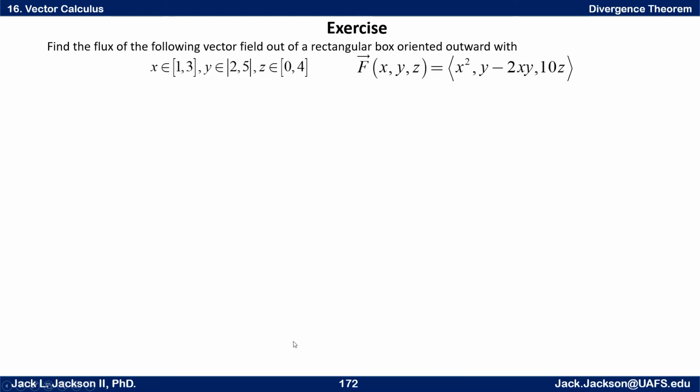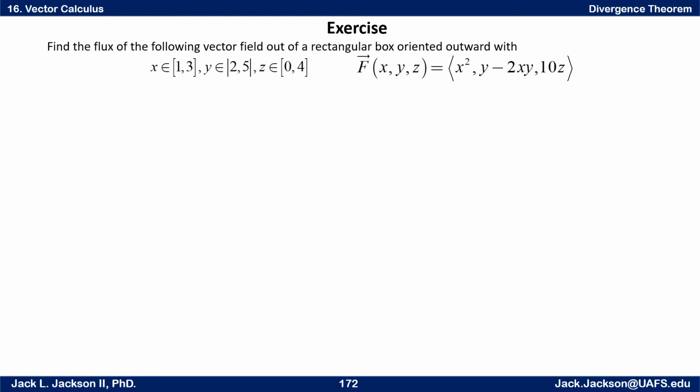How about another example? Find the flux of the following vector field F, which is given by x squared, comma, y minus 2xy, comma, 10z, out of this rectangular box, where x goes from 1 to 3, y goes from 2 to 5, and z goes from 0 to 4, just a good old right rectangular prism.